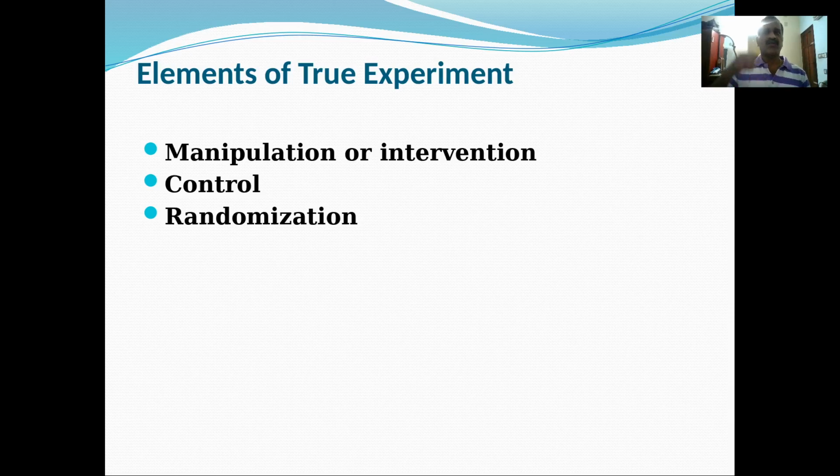For example, if you have developed a new drug and you want to test the effect of that drug in changing the hemoglobin of antenatal mothers, that drug is the intervention. In one group you give the drug, and in another group you may give a placebo, which I will discuss along with control.